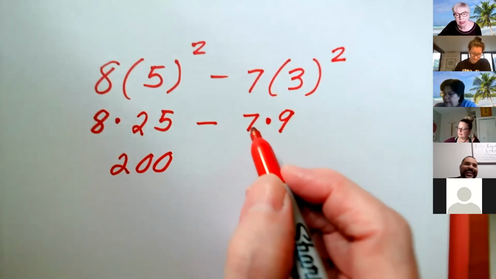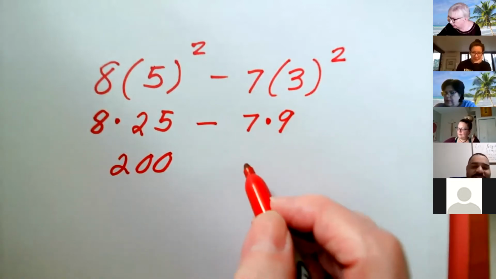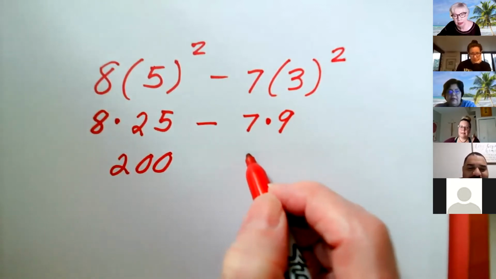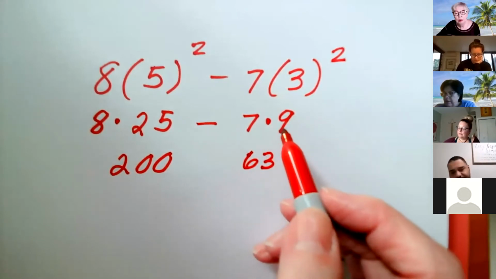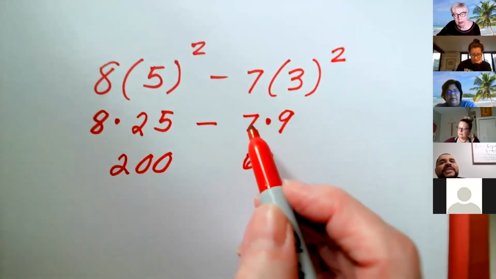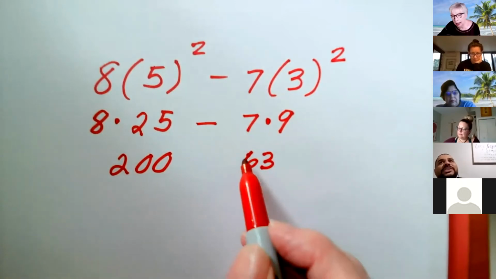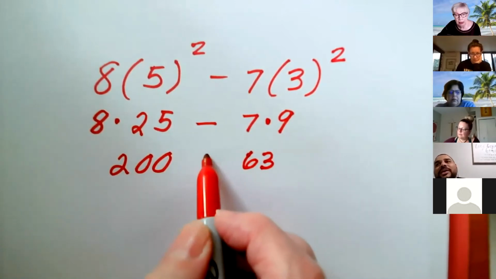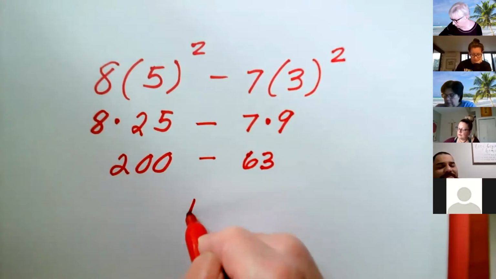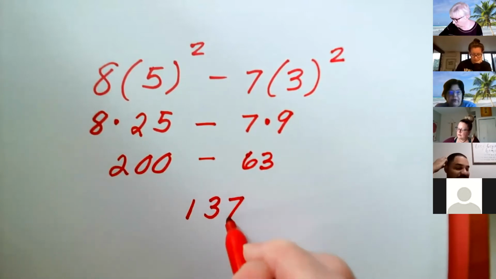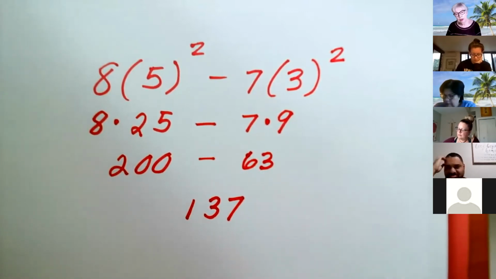This one here, 7 times 9, you have to know that is 63. Remember the rule of 9s, it's not 70s, but 60s, and they have to add to 9. There's a minus in here, so now you're almost done. 200 take away 63 is whatever. I'm thinking it's 137.